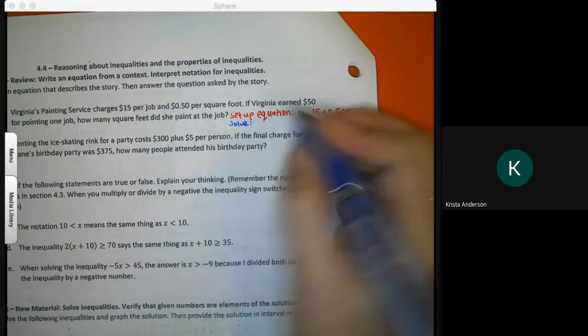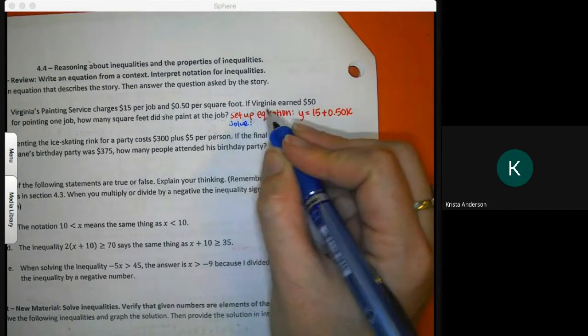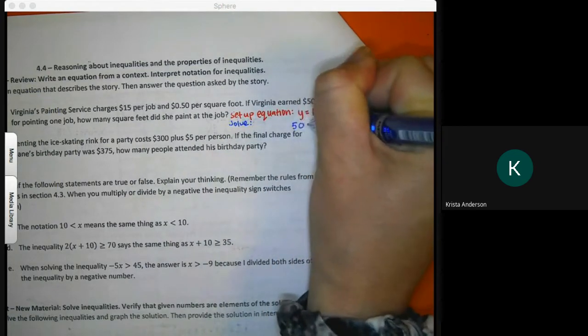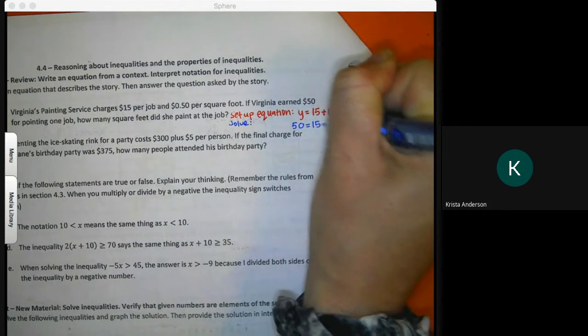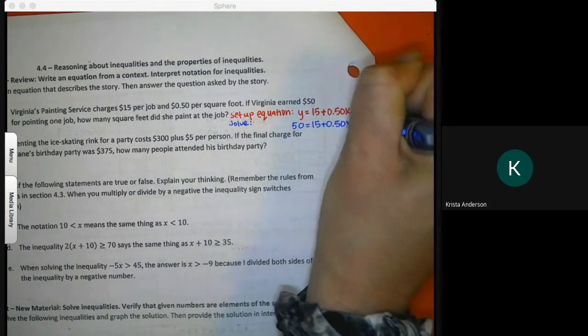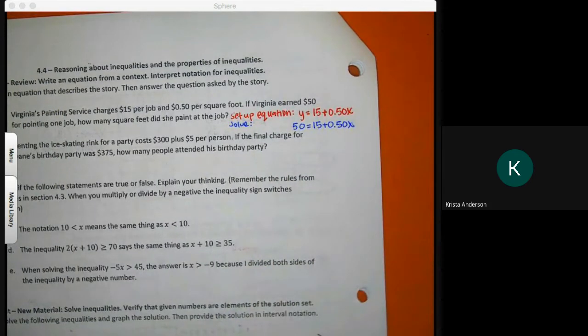It says that Virginia earned $50. So I'm going to say that Virginia made $50. How would I solve for x? If I know the total was 50, how would I get x by itself?